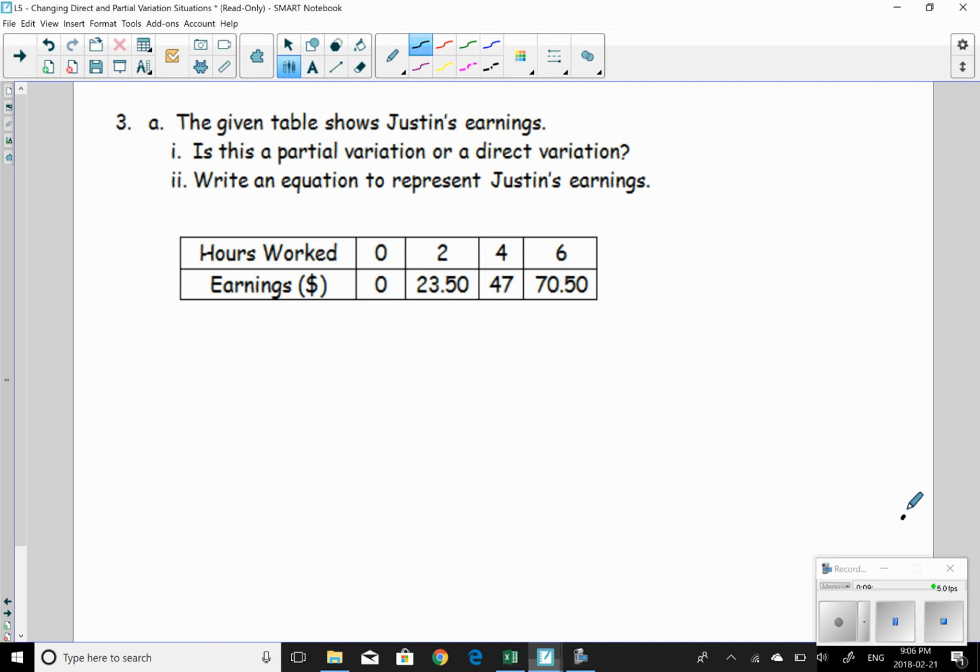We're going to look at some more examples. Okay, so the given table shows Justin's earnings. Is this a partial variation or a direct variation?